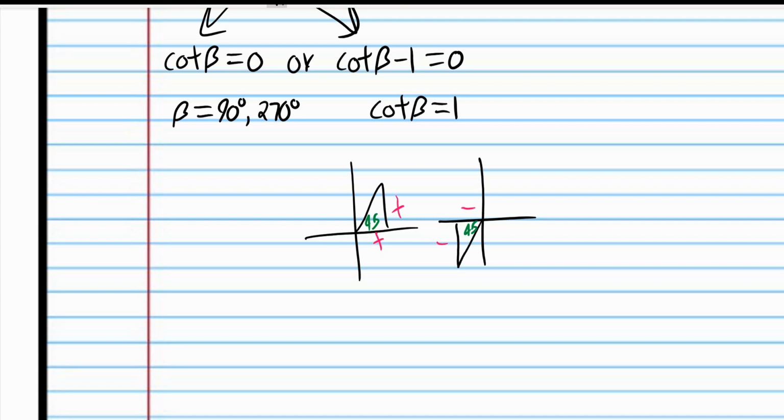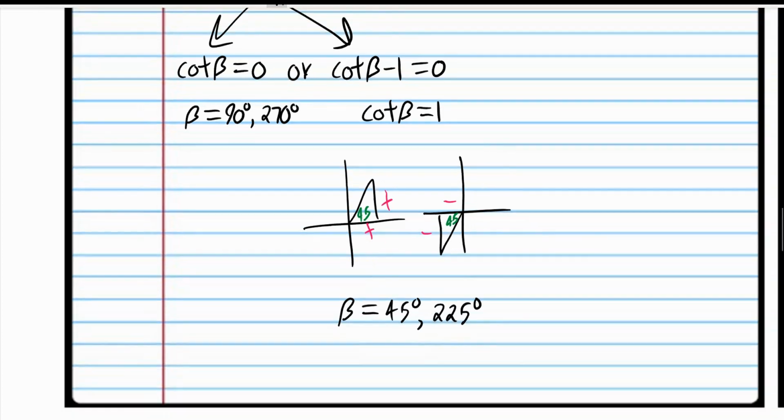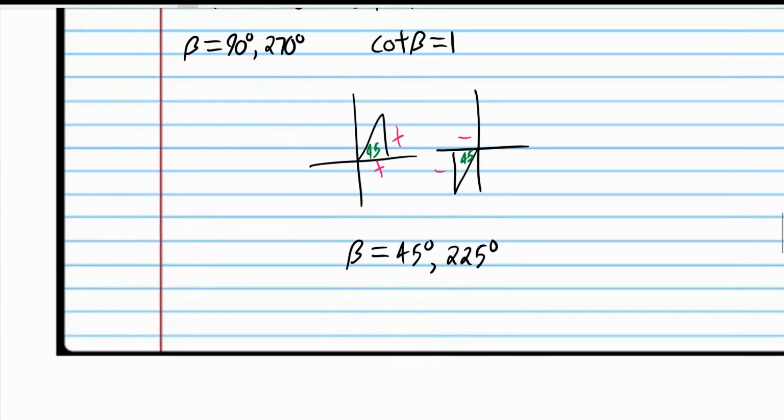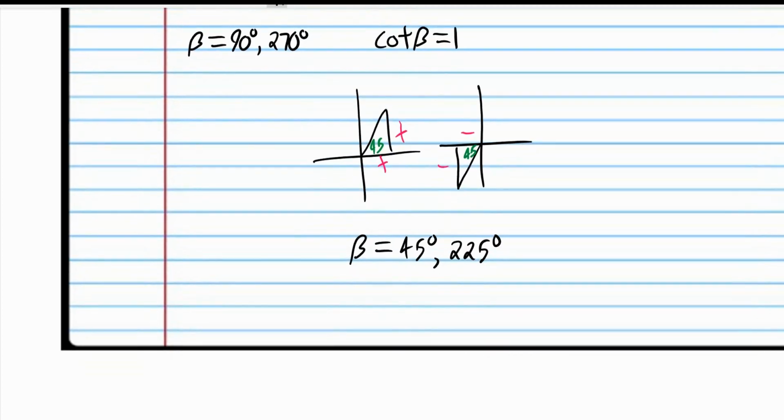And so beta can be equal to 45 degrees or 225 degrees. So let's write all the solutions in ascending order: 45, 90, and the other two solutions.